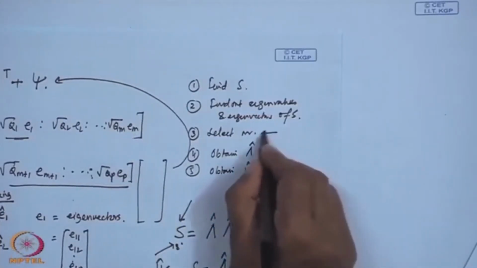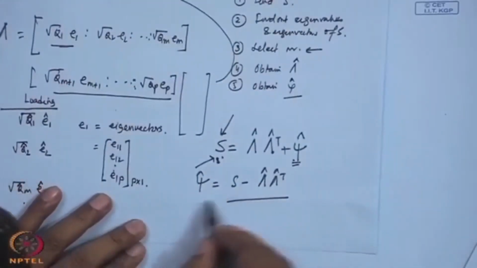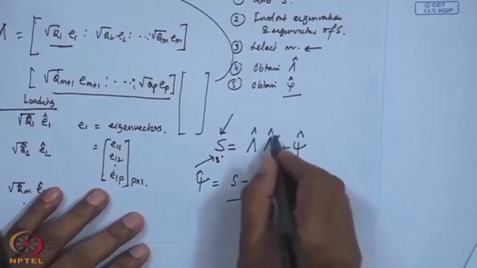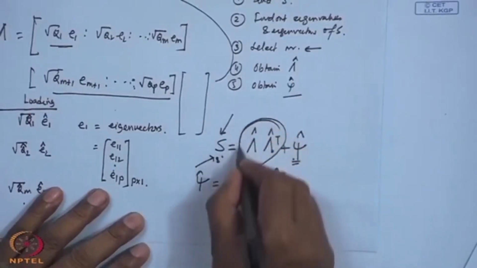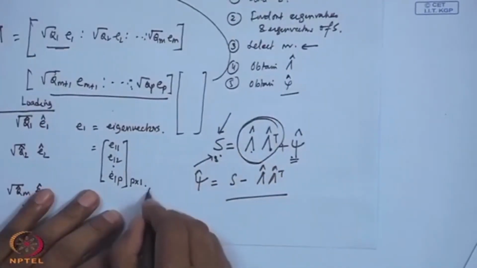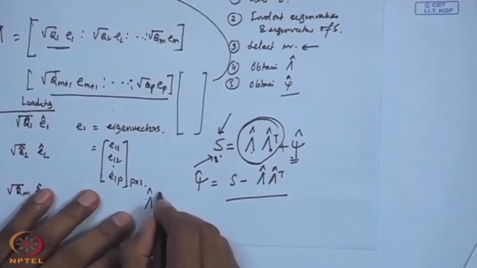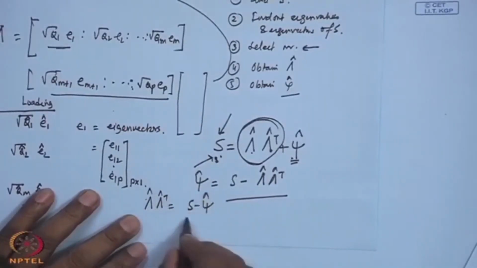So, how do you select m? It is a tricky one, but there are certain suggestions. Because you see this equation, you are interested in finding this value. This value, lambda cap lambda cap transpose, is nothing but S minus psi.